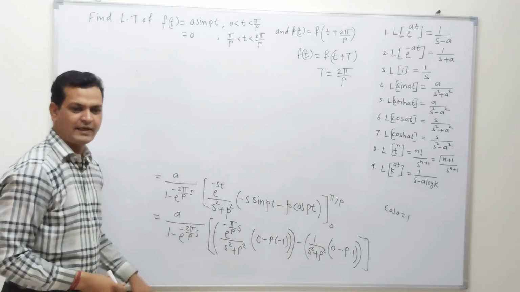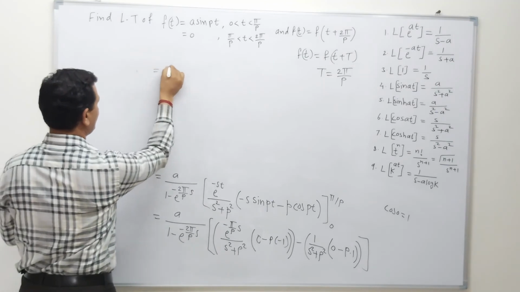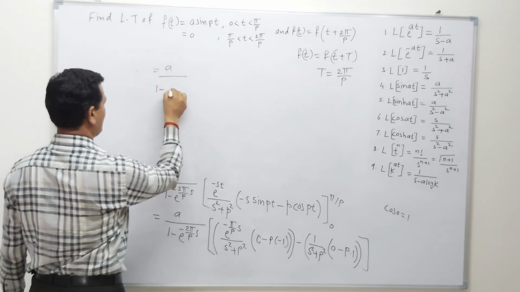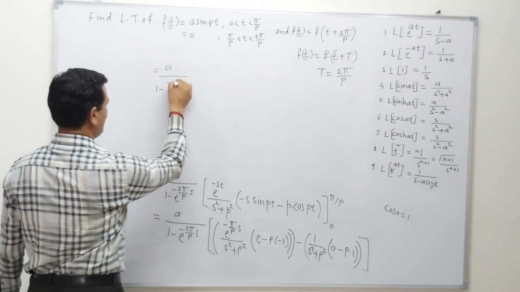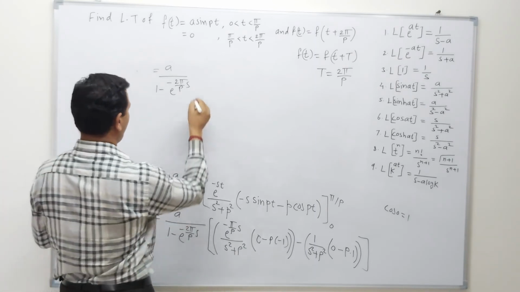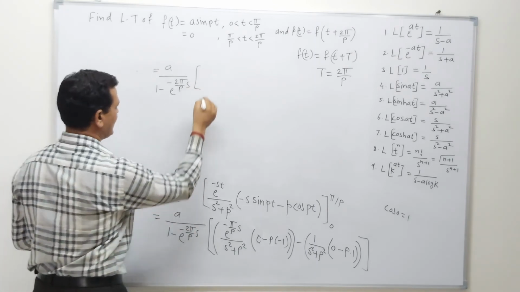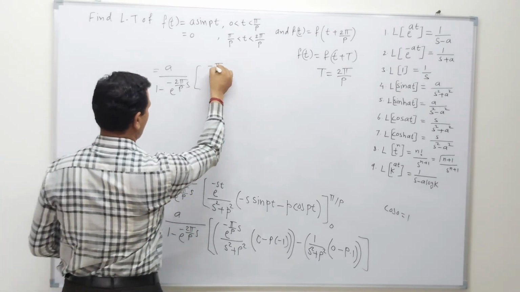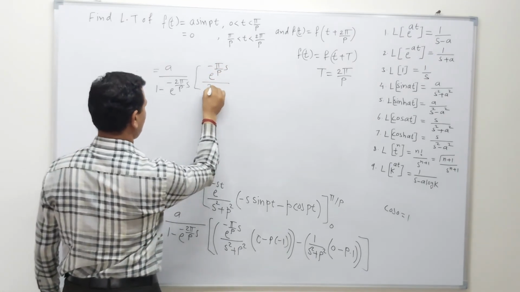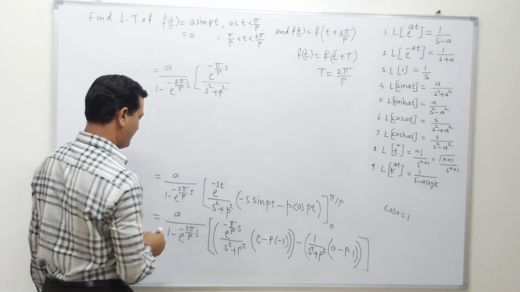Now after simplifying, we get a upon 1 minus e raised to minus 2 pi upon p into s, then in the bracket we get e raised to minus pi upon p s upon s square plus p square.